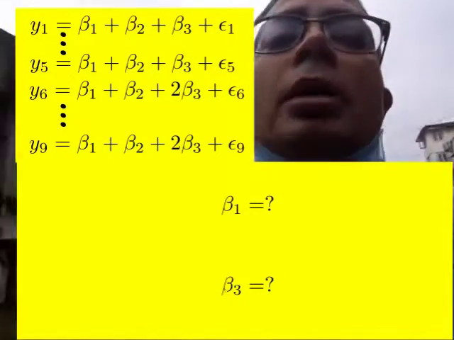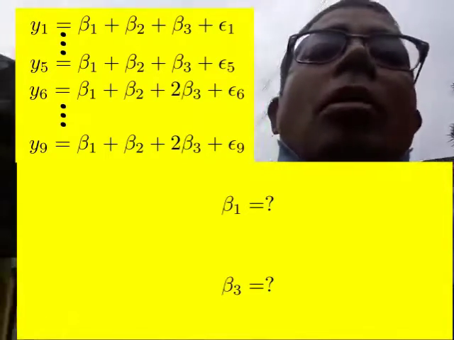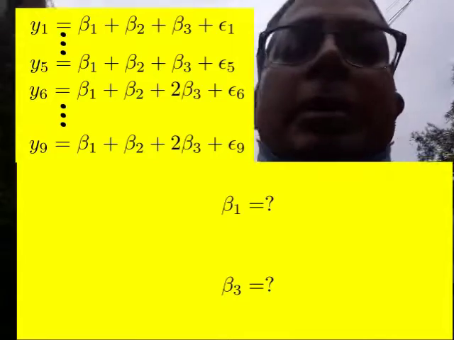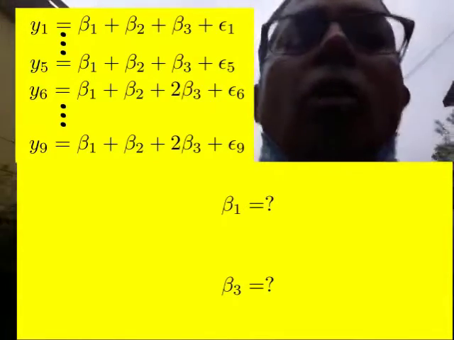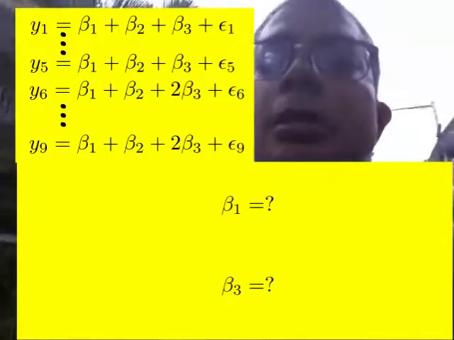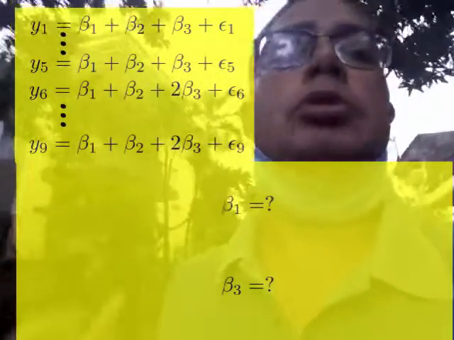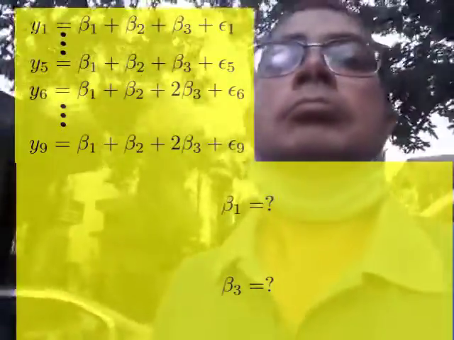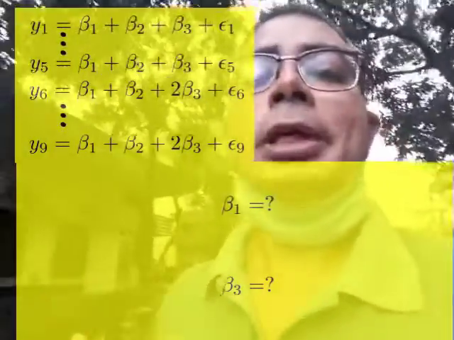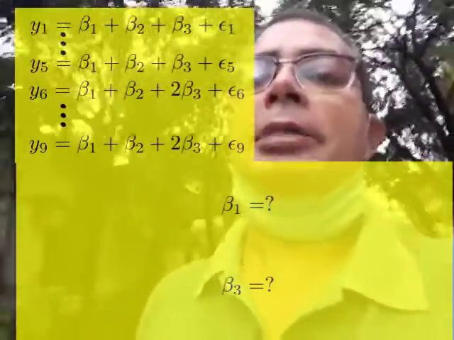Because beta 1 is always bundled with beta 2. Wherever beta 1 occurs, it occurs as beta 1 plus beta 2. So you do not have any hope of extricating beta 1 separately. If you are trying to get beta 1, beta 2 will always be there.